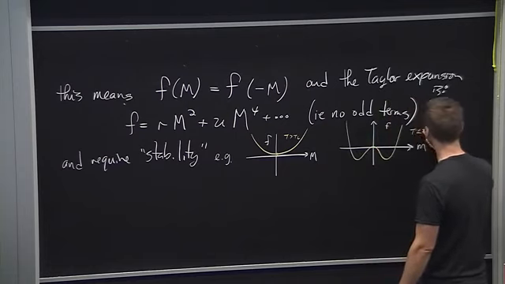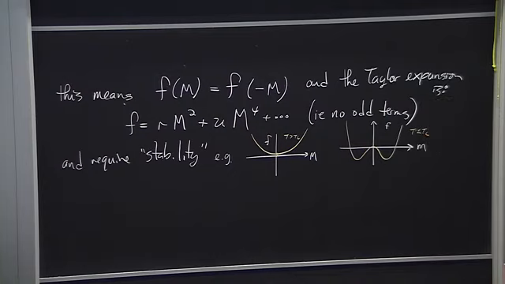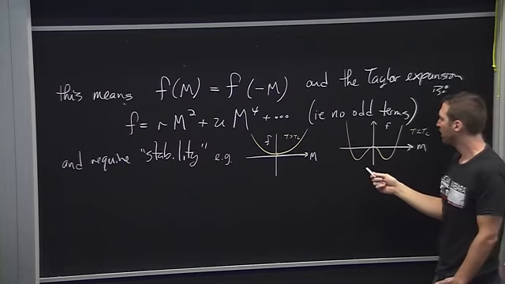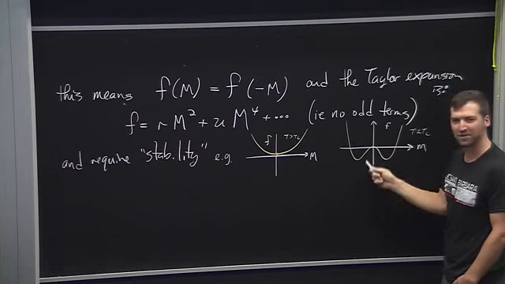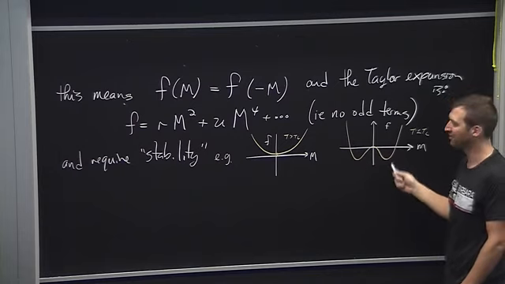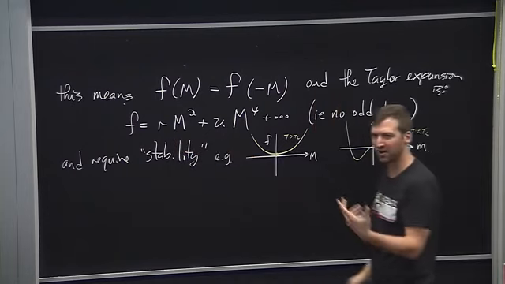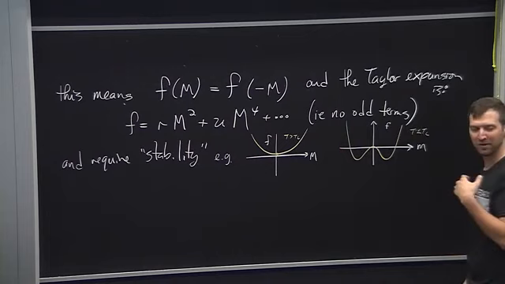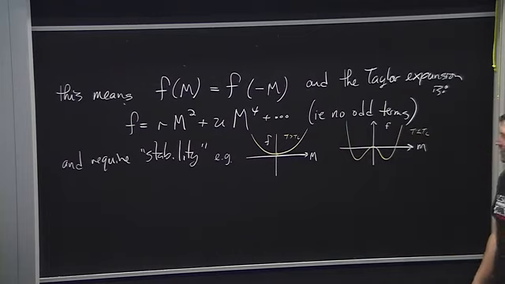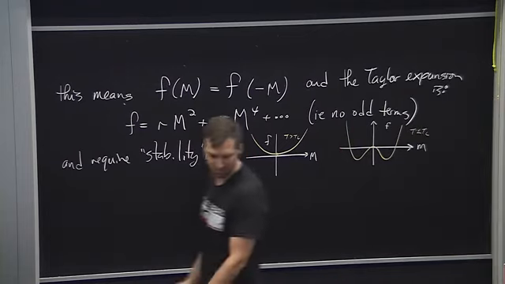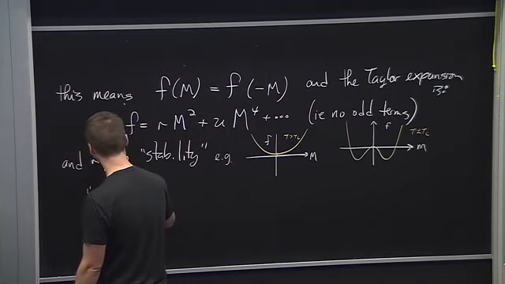So remember, this shape here is when the parabola is upside down, which means r is negative. So in our phenomenological theory, r is just a parameter that changes sign at the transition. That's just a postulate of the theory.